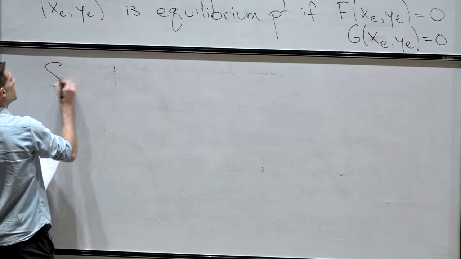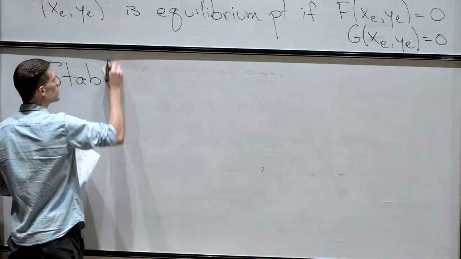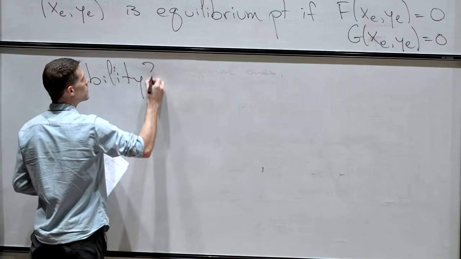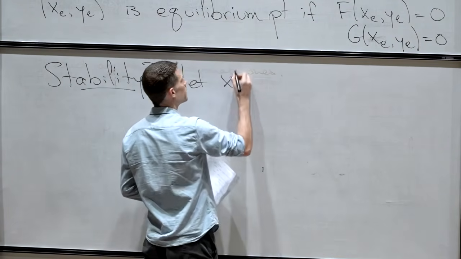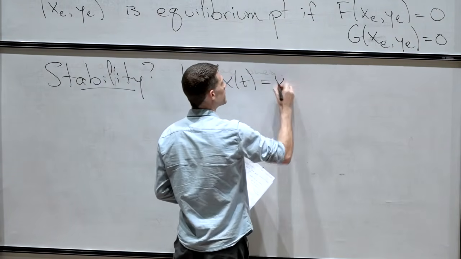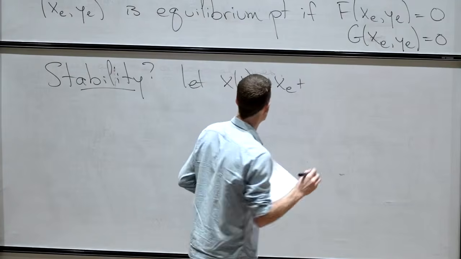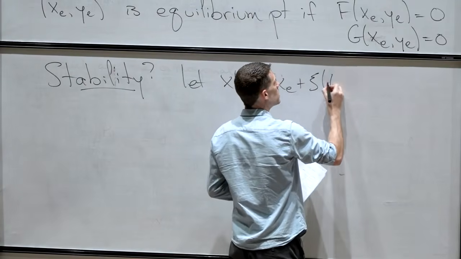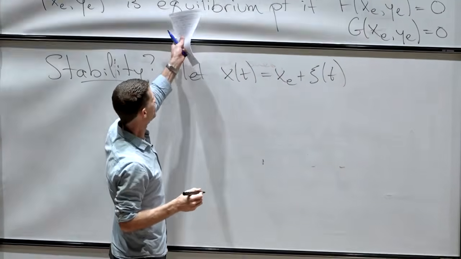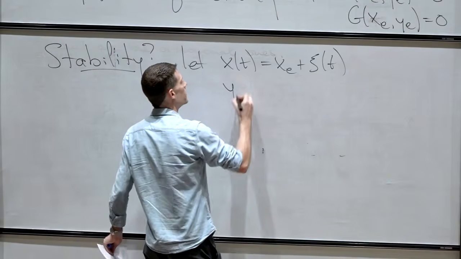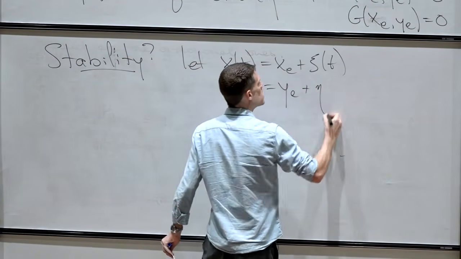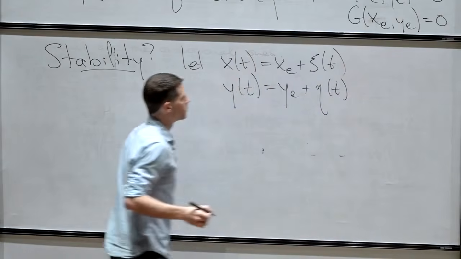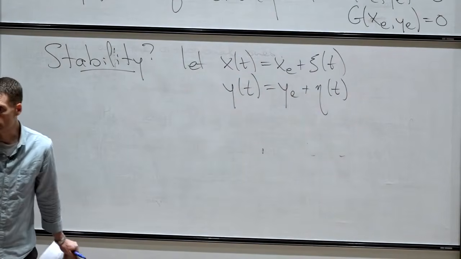So to address stability, we let x of t be x_e plus a function which we'll call psi of t, and we'll let y of t be y_e plus an eta of t.